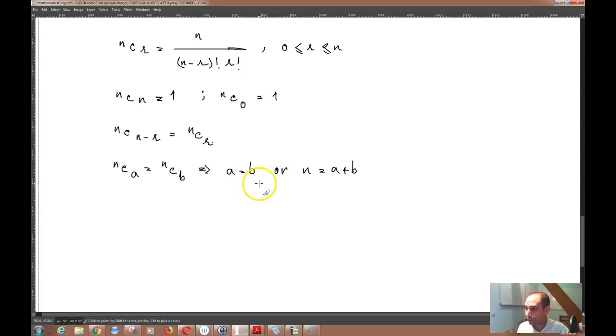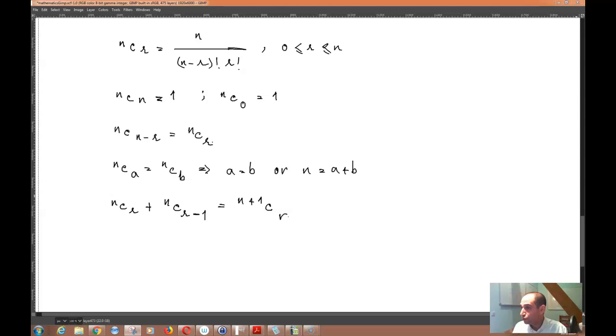And also we said that n combination r plus n combination r minus 1 is equal to n plus 1 combination r. These are all the things that we talked about recently in the combination part.